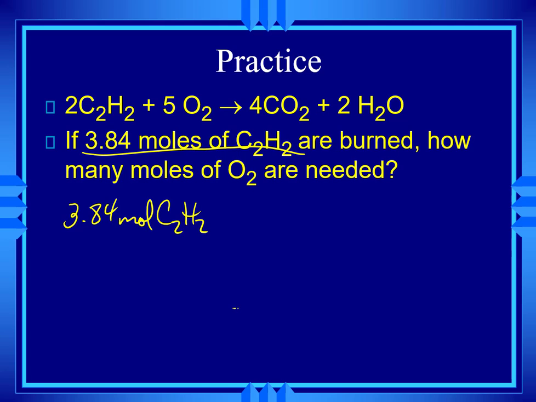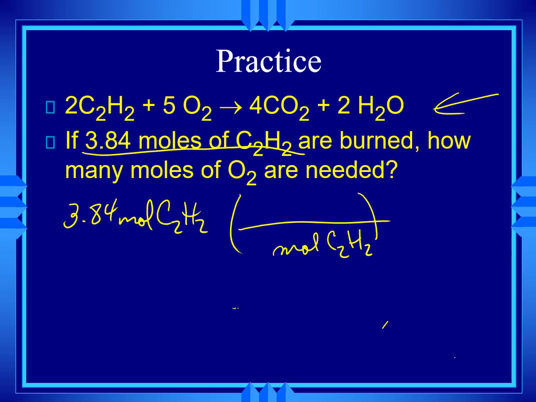So what unit do I want to get rid of? Moles of C2H2. Where's it got to go? On the bottom, because that has one on top, one on the bottom, then they cancel out. Okay? I can turn moles of C2H2 into moles of anything else in this equation.